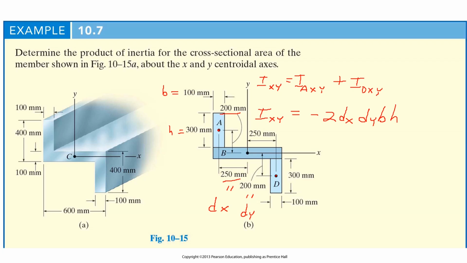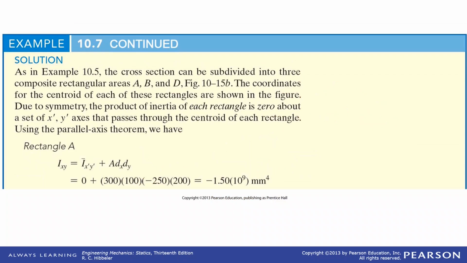Okay, let's go ahead and move on, see what the book tells us. Just like we said, BH, and B would be the 100, H would be the 300. There's that negative sign, dy and dx.